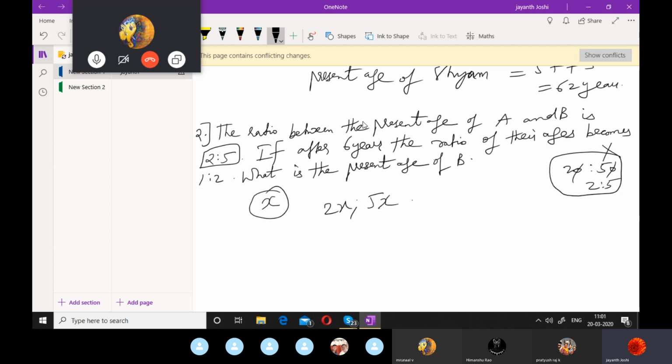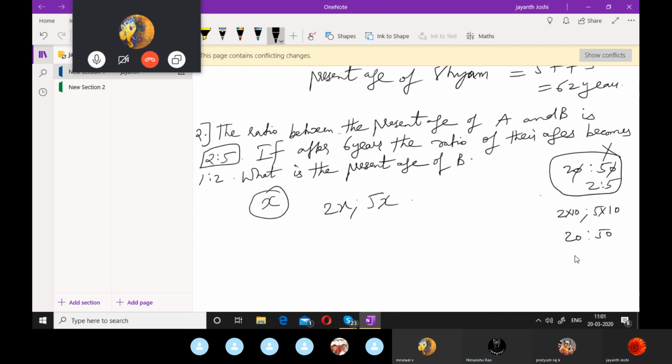Now the ratio between the present age of A and B is 2:5. What is the age right now? I have broken the ratio as 2x and 5x. Okay, 2x and 5x. x can be anything: 10, 20, 30, 40, anything. Suppose x is 10, so can I write 2 into 10 and 5 into 10, and get 20 and 50 as their ages? And when I find the ratio, is it 2:5?